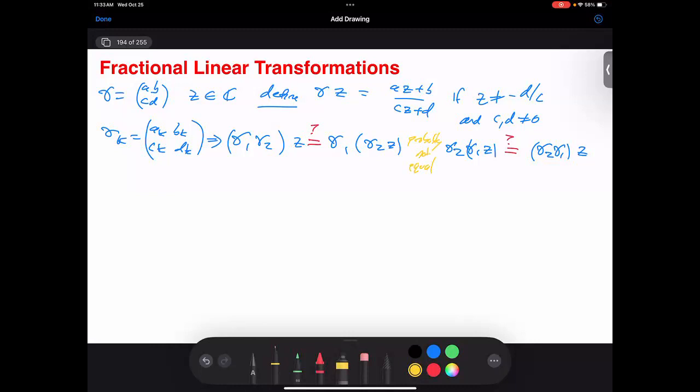Isn't this transformation basically just multiplying this matrix with the vector (Z, 1)? You can absolutely view it as A, B, C, D acting on (Z, 1), which gives you (AZ + B, CZ + D).